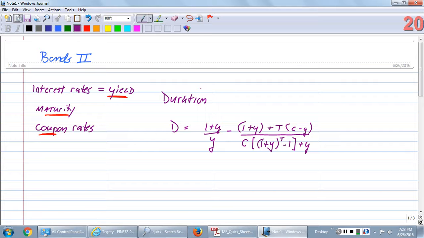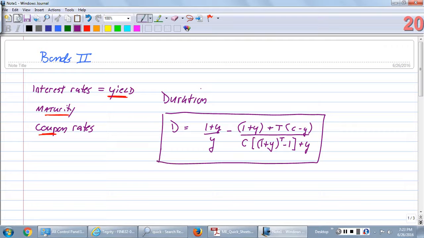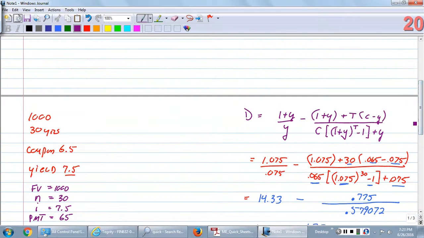That's why duration's a pretty important concept in bond portfolio management, because we are trying to manage the effects of interest rates. Just like with stocks, remember, we're trying to manage our market risk, our systematic risk. We want to build a portfolio that will have sensitivity to the market that we're comfortable with.